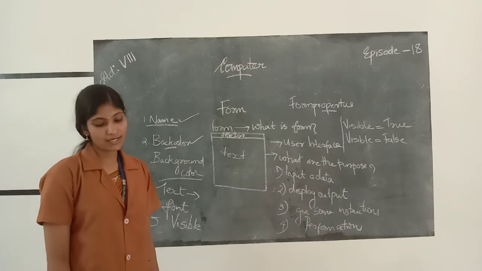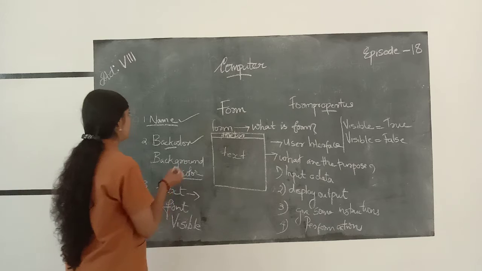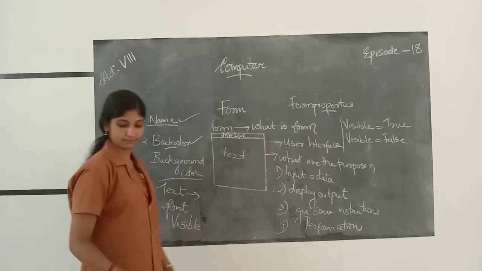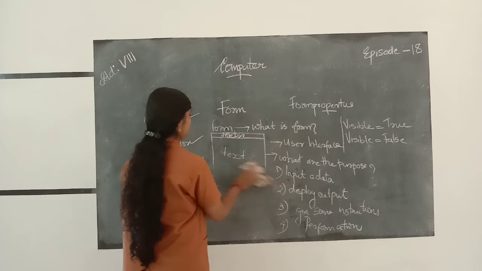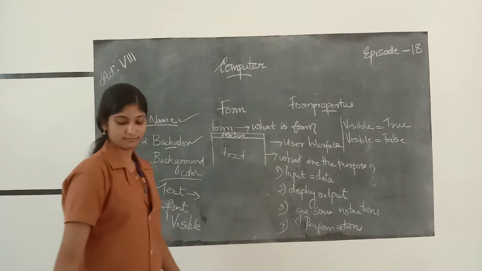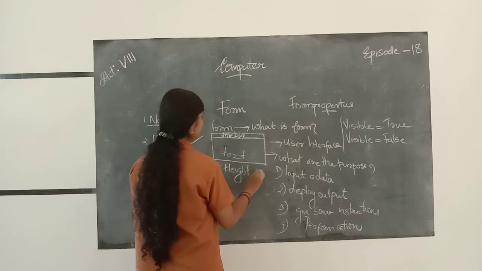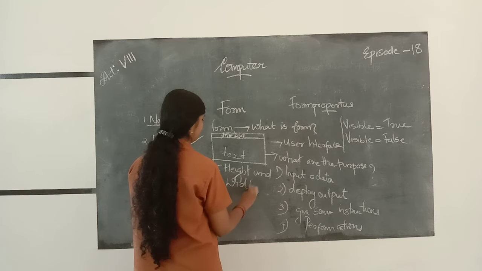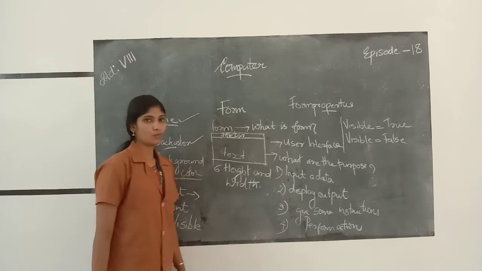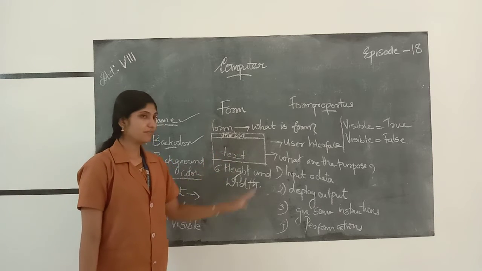Then the next one is height and width. The sixth one. We know what height and width represent. We can increase the size of the form.